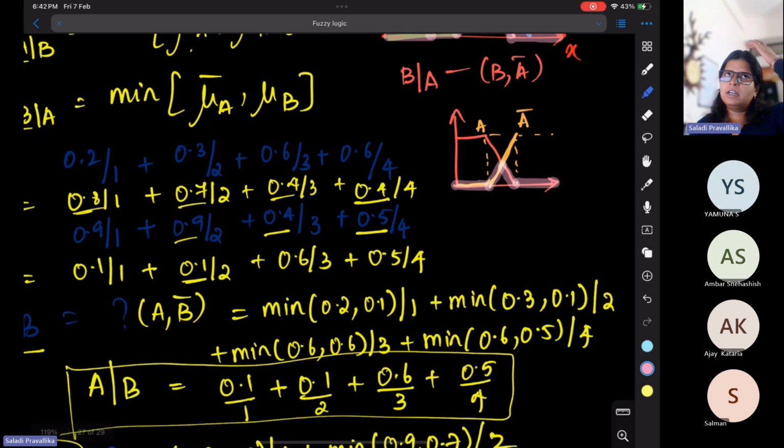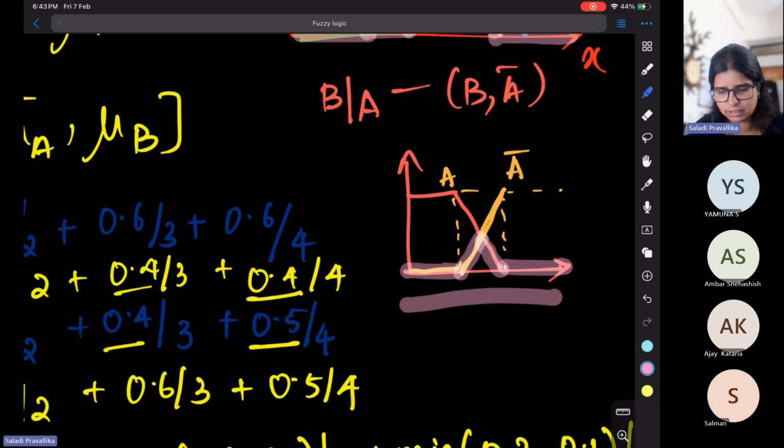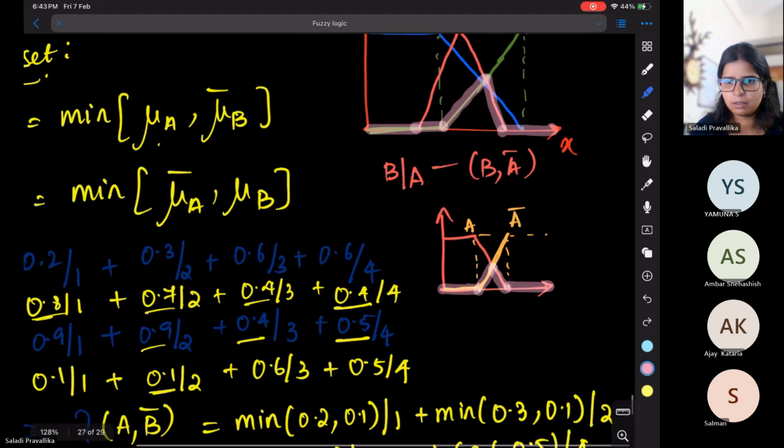Actually, it depends on what the graph structure is. There might be some cases where you might get a null set, but in the example that I have taken just now, it is not a null set, as you can see in the graph itself.